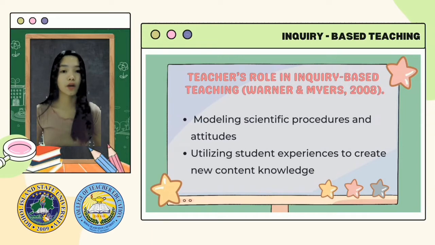That's why the teacher's role is big there. And lastly, utilizing student experiences to create new content knowledge. Utilizing student experiences is a way for students to be highly motivated to learn and to create new knowledge, which is a good thing to improve themselves.